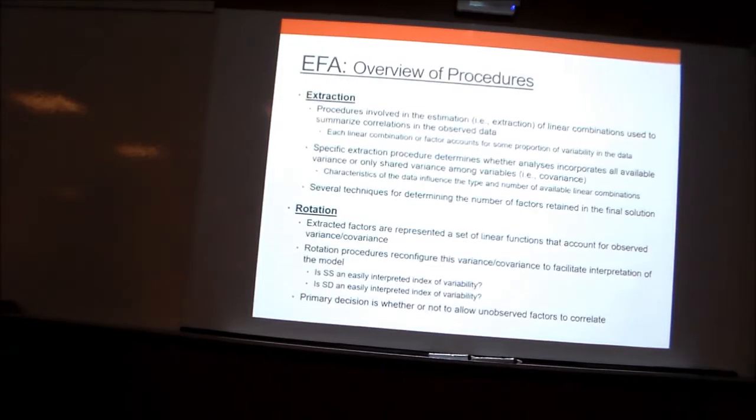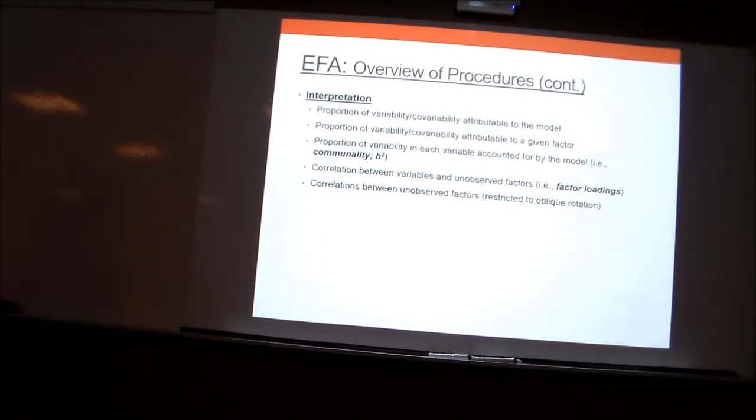So we've gone through and chosen a rotation strategy. Then we have to provide some sort of interpretation of what these factors represent, okay? Some things we'll want to take a look at here. The proportion of variability, covariability attributable to the model, right? How much variability in our data does this solution account for? Proportion of variability, covariability attributable to a factor. So for this individual factor, how much variability in these data can I assign to this specific factor?